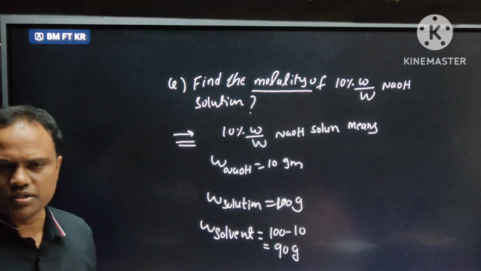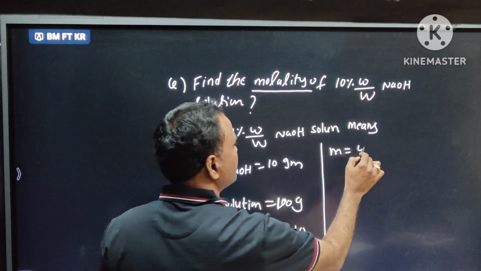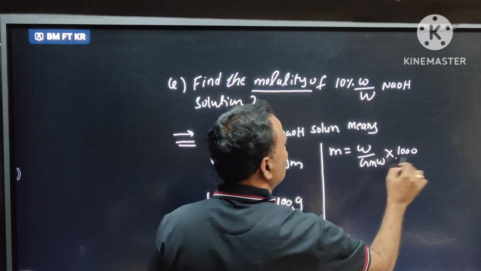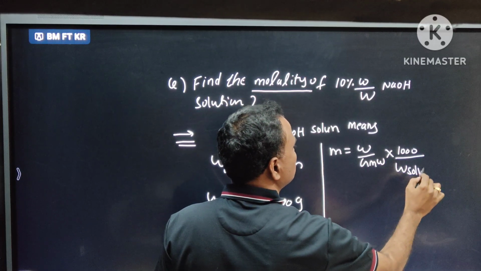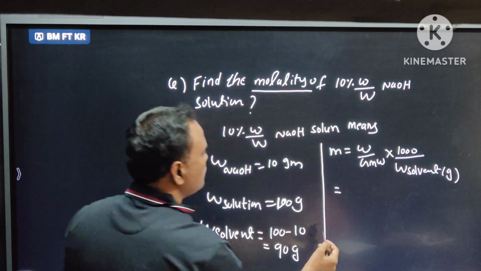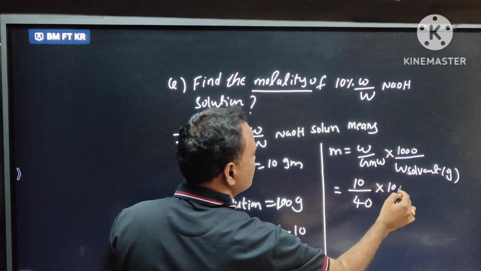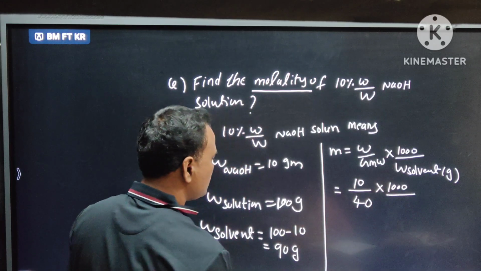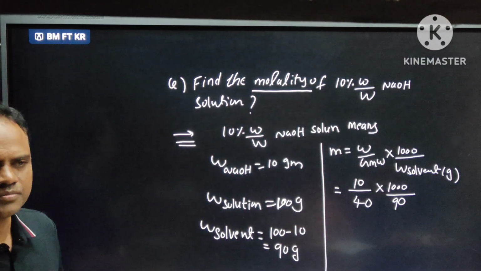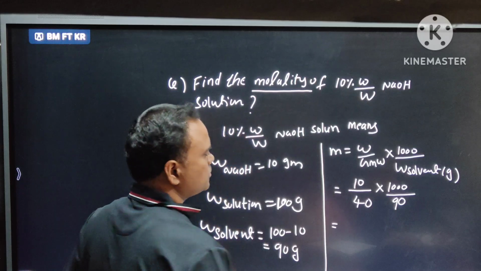Then you can find: molality is equal to weight by gram molecular weight into 1000 by weight of solvent in grams. 10 by gram molecular weight of NaOH 40, into 1000 by weight of solvent 90. How to simplify this? See.